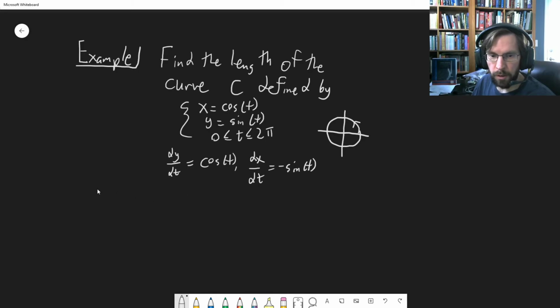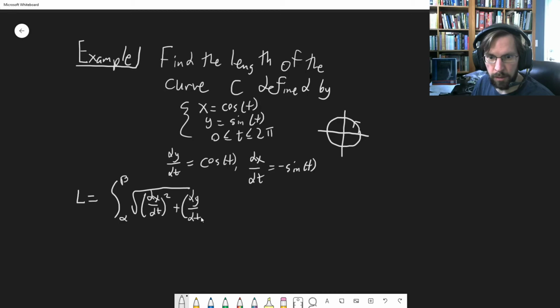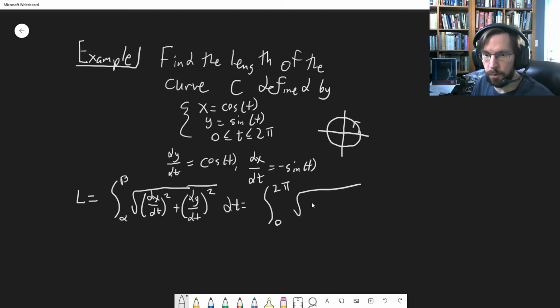So our arc length, which is the integral from alpha to beta of the square root of dx dt squared plus dy dt squared dt, in this case is the integral from 0 to 2 pi of the square root of negative sine t squared plus cosine t squared dt.